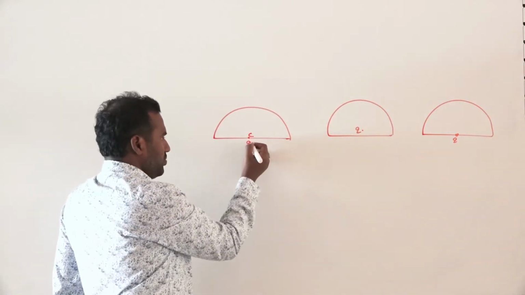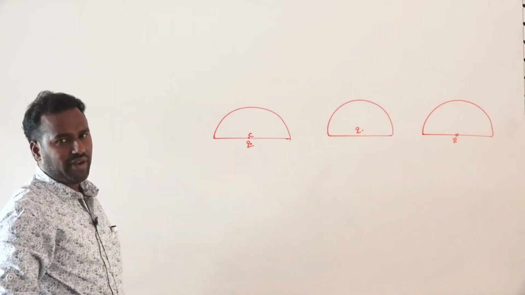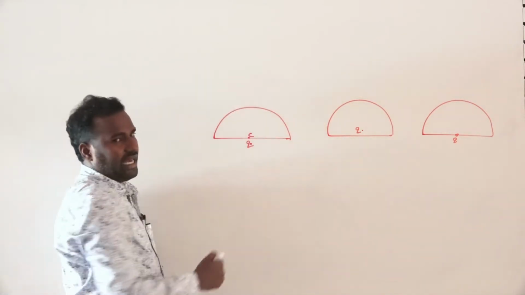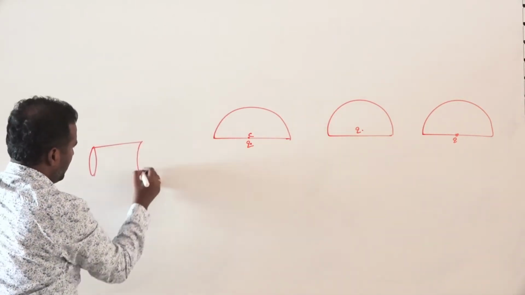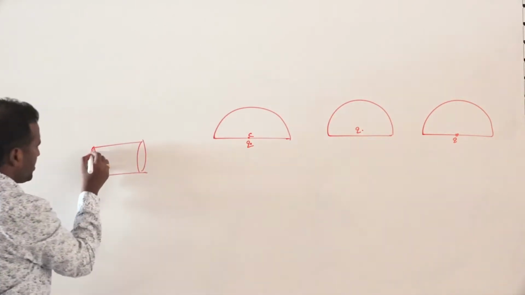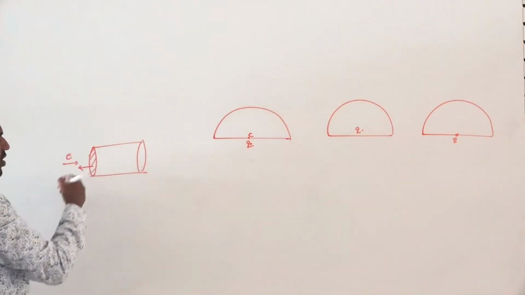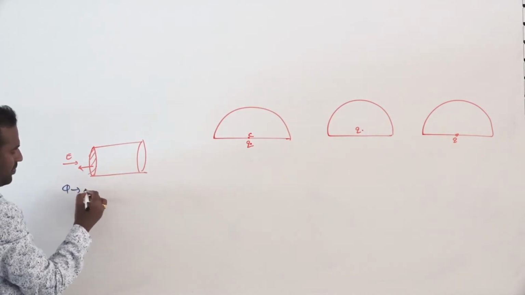Now the flux due to the charge which is present outside: whatever flux is entering as well as exiting, as we discussed in the previous video, when electric field lines enter through this surface, the area vector is drawn normal, and the flux entering is negative.